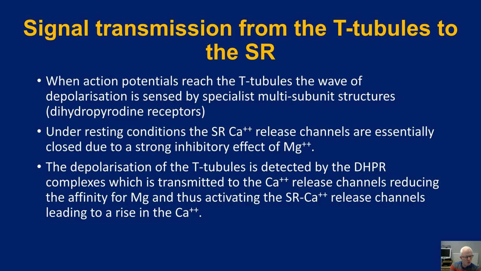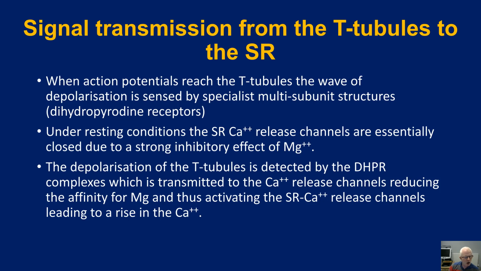What then happens is, when the action potentials reach these T-tubules, and remember the T-tubules are this matrix of tubes that run around the sarcomere, this generates a wave of depolarization, and that is sensed by what are called multi-subunit structures.